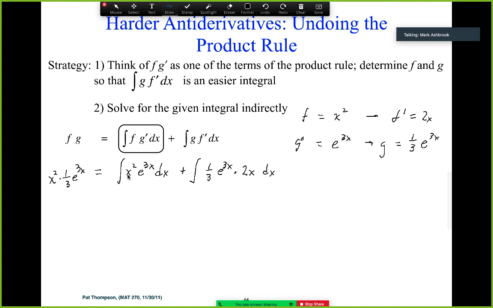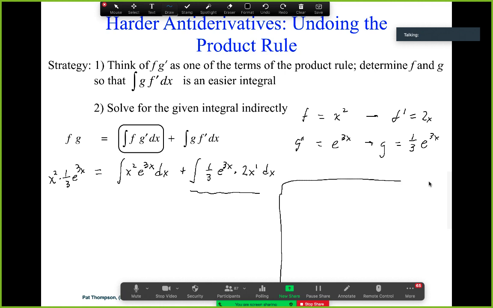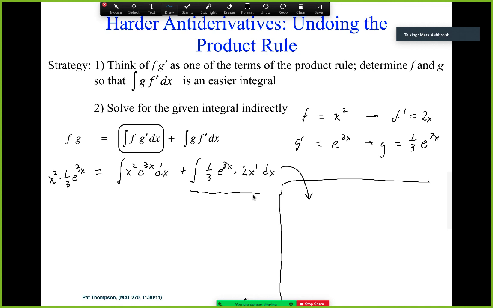Because before we had x squared times e to the 3x. Now we have just x to the power 1. So maybe if we do it one more time, this will be constant and we'll be able to do it. So now, on just that integral, we're going to use the same technique.